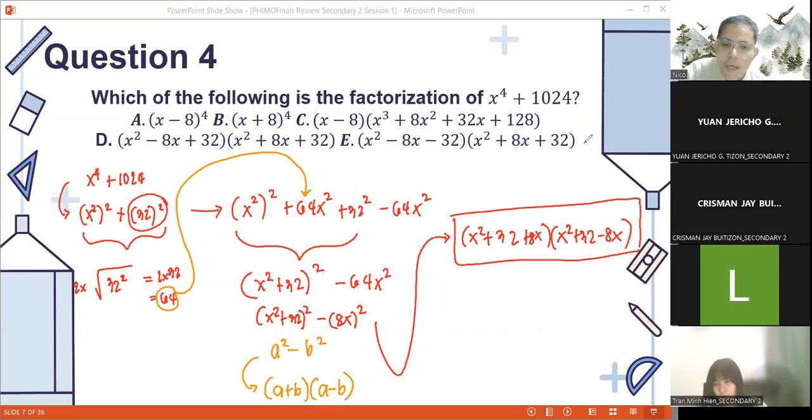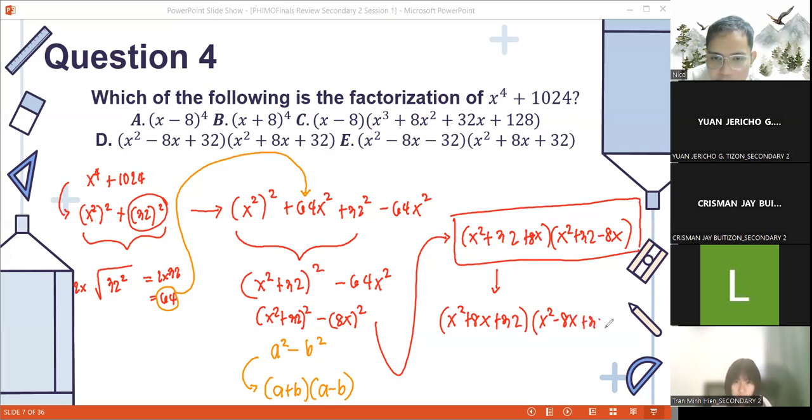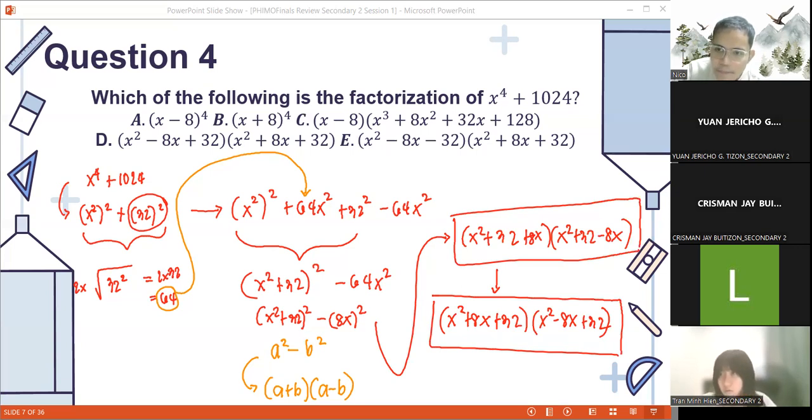So the final answer that we're going to put is x squared plus 8x plus 32 times x squared minus 8x plus 32. I'll give you a few seconds to copy.